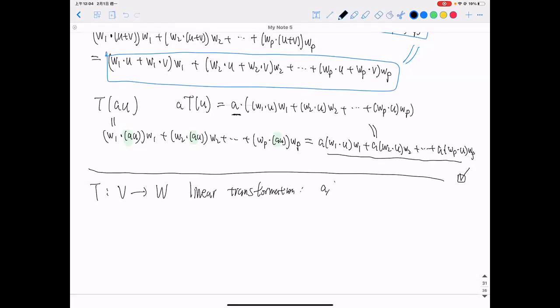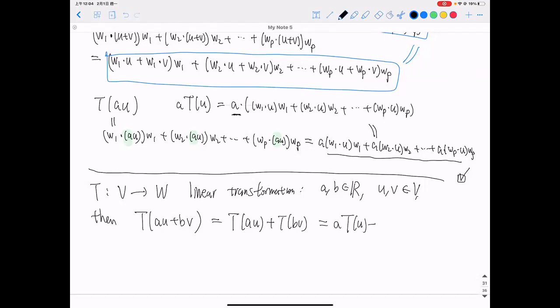Okay, and if I have A, B being real and U, V being in V, then I have T of AU plus BV equal to, well, it's a sum of two vectors I'm applying T to, so I can use the first required property, that is T of AU plus T of BV. Now, the second required property applies to each of the summands, telling us it's A times T of U plus B times T of V.